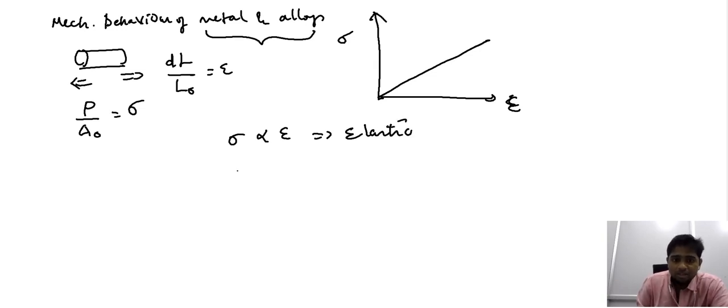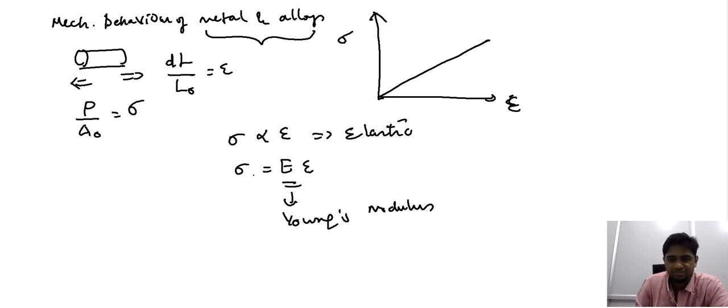Now, the constant of proportionality that relates the stress and strain is the Young's modulus. It is E. So Young's modulus is the constant of proportionality that relates the stress and the strain.